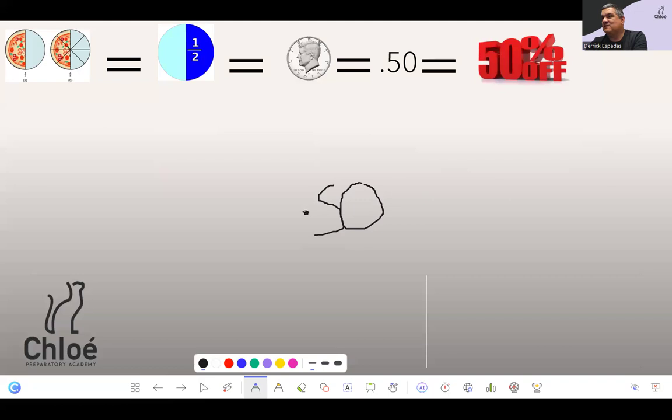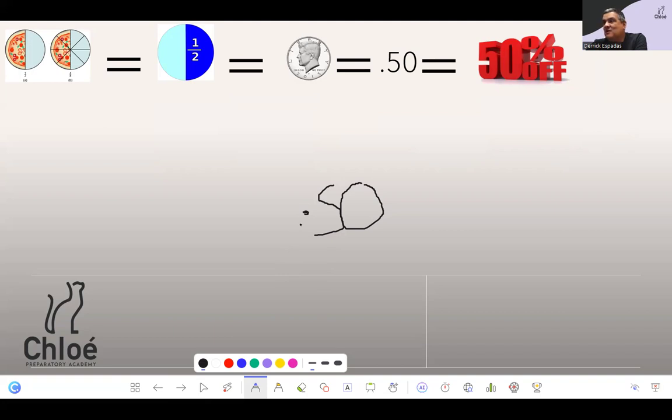So there are 2 things we're going to do to convert this decimal into a percentage. The first thing we're going to do is move the decimal 2 spaces to the right. So it's already here.